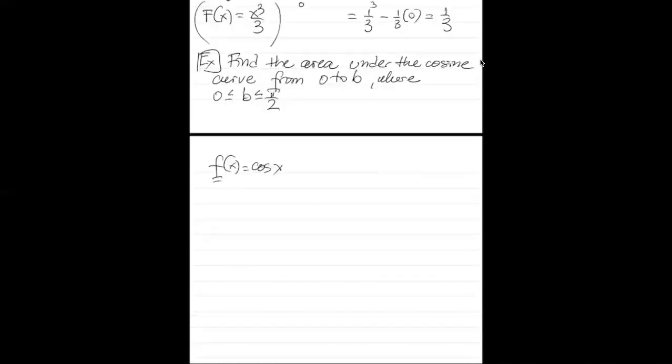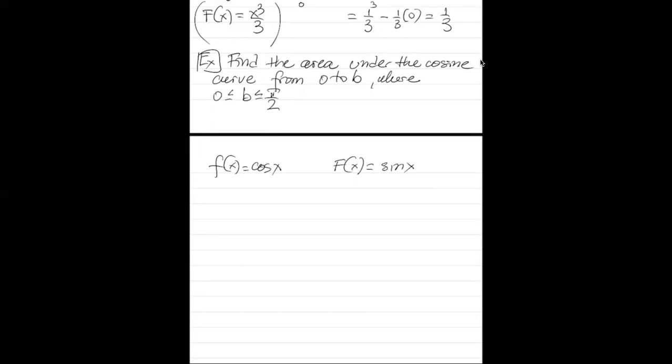So our function f of x is cosine x. The antiderivative big F of x is, of course, sine of x, because the derivative of sine is cosine x.